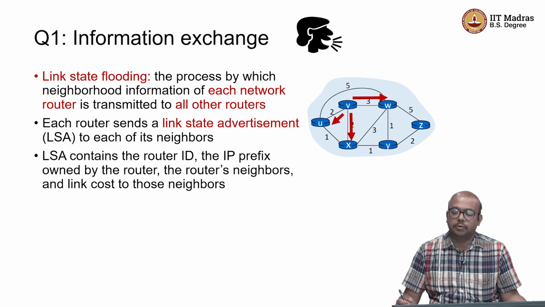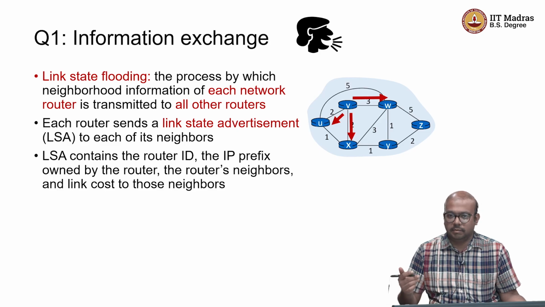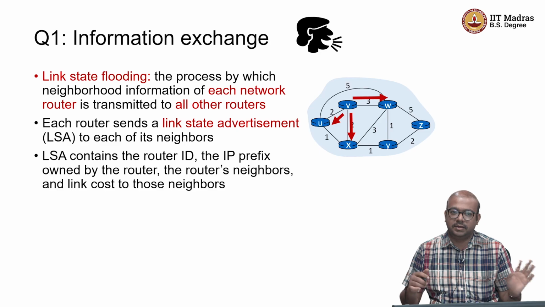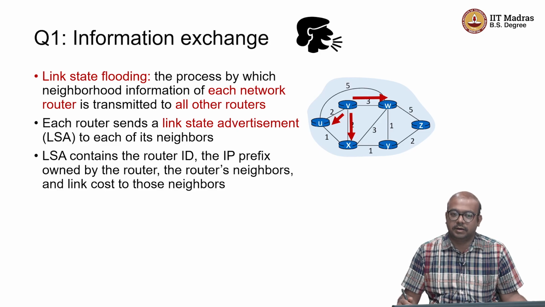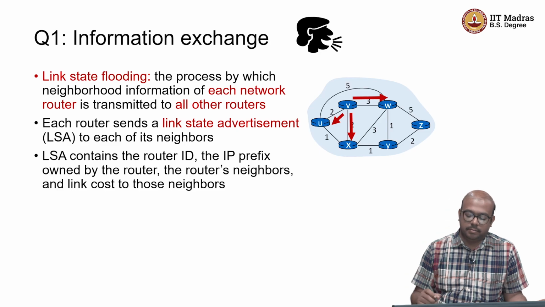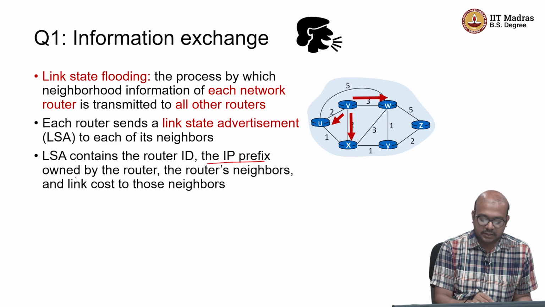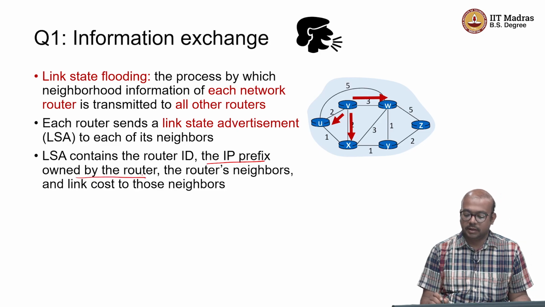So V is going to own a certain bunch of IPs which is going to be a certain prefix, let us say some /24 network or /22 network and so on. If you get the packet to V, then we can forward that packet to its internal network, okay. So we are going to do the routing based on the IP prefix that is owned by the router, okay.